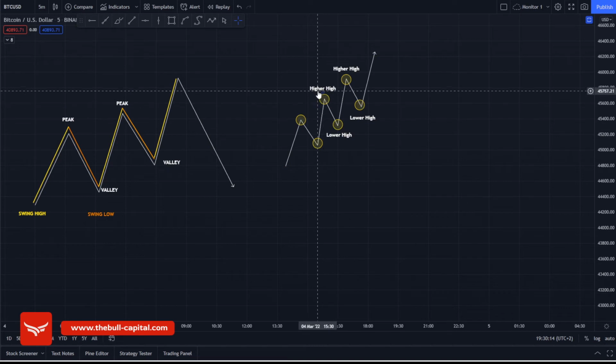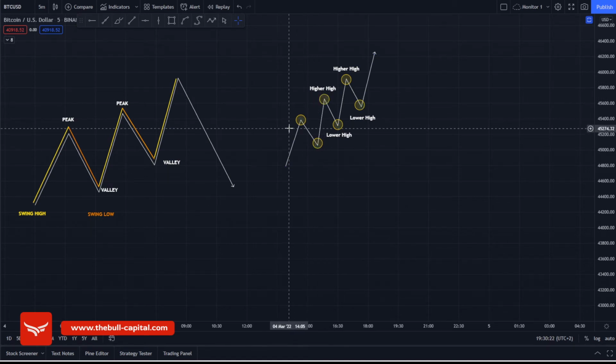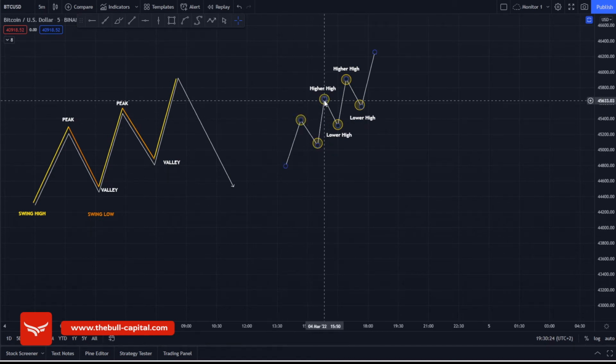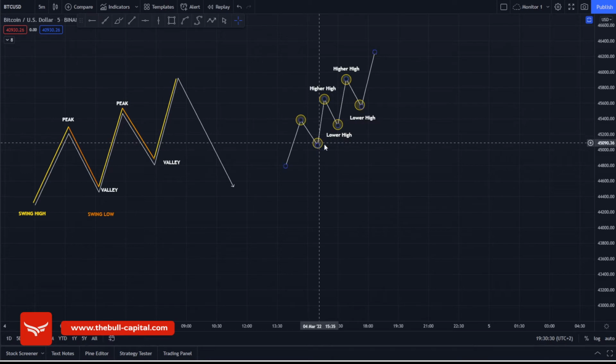So higher high actually comes from a swing high that is higher than the previous one, and this is a swing low but higher than the previous one.